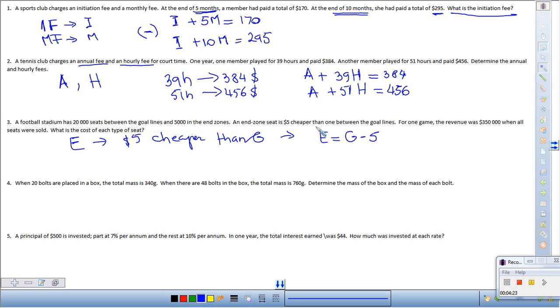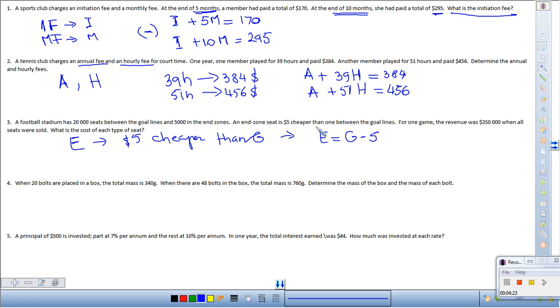So how will I use that revenue to set up that second equation? The revenue is $350,000 for all the seats.